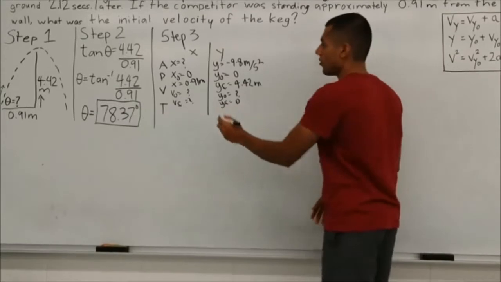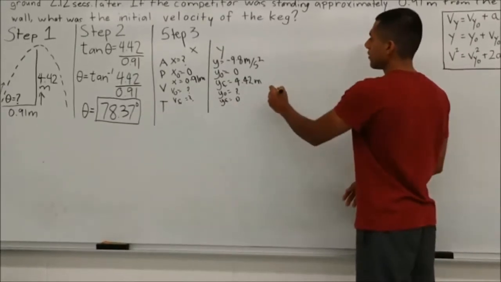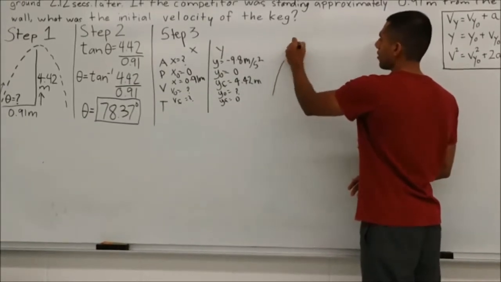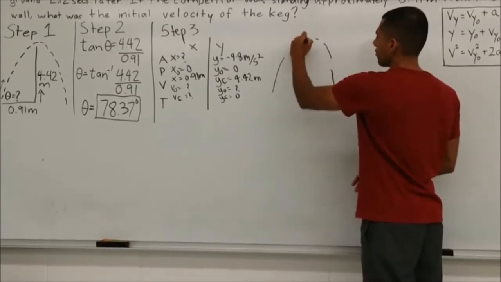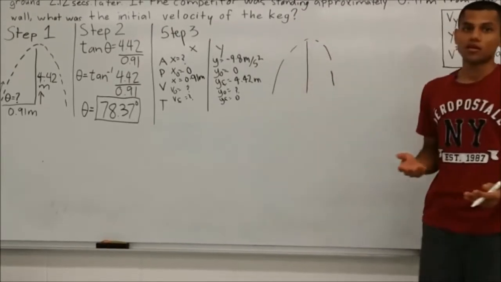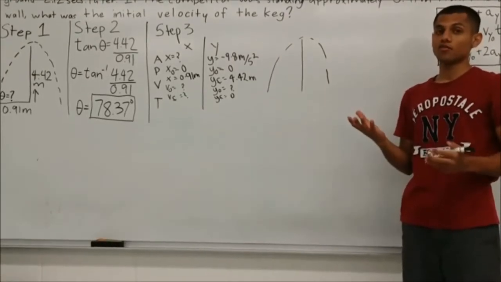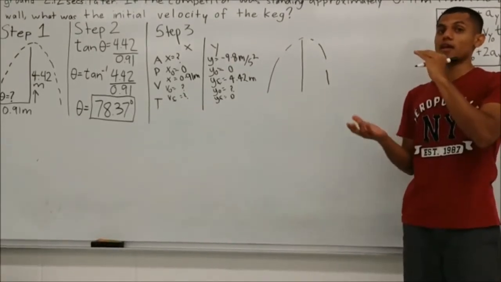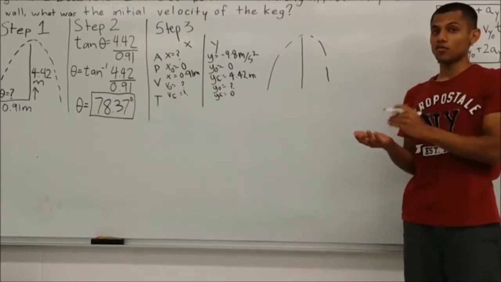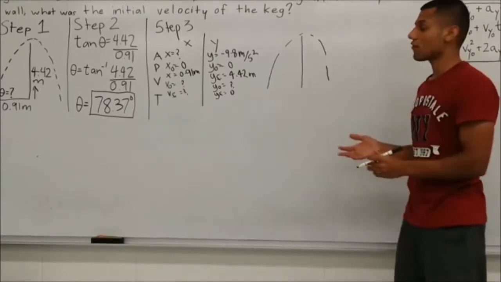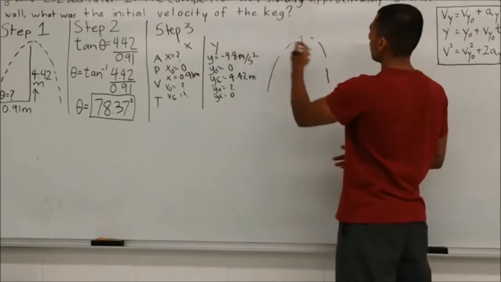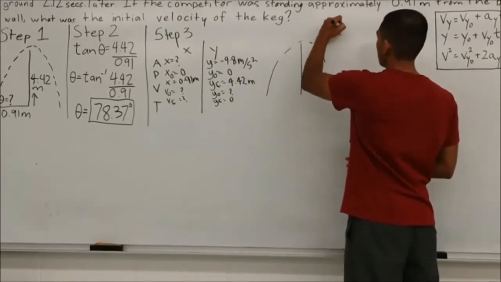As far as time, when the keg was tossed over the wall, it created a parabola. So we know that a parabola is symmetric. For example, if I throw a ball in the air and it takes 3 seconds to reach its maximum height, it's going to take 3 seconds to come back into my hands. So based on that information, we can take the time over here, which is 2.12 seconds.